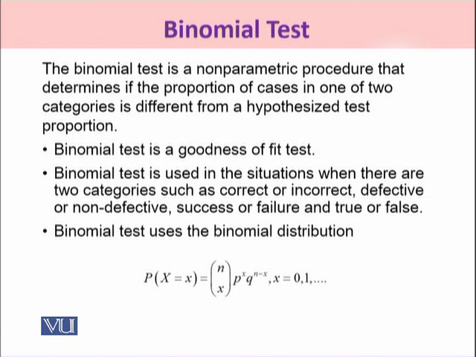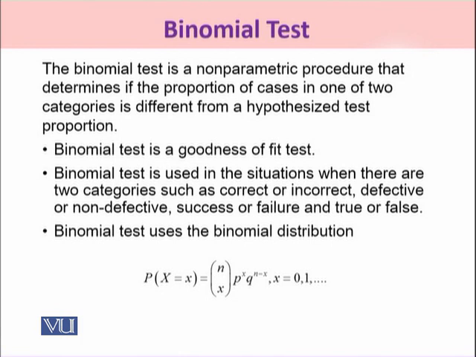So the binomial test is a goodness of fit test. The binomial test is used in those situations where we have data for a variable for which there are two possible categories, for example, success or failure. For example, if we are talking about a certain item and we categorize it as being defective or non-defective.